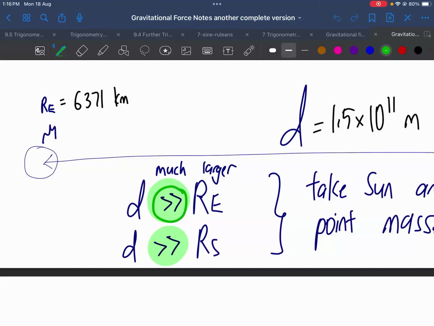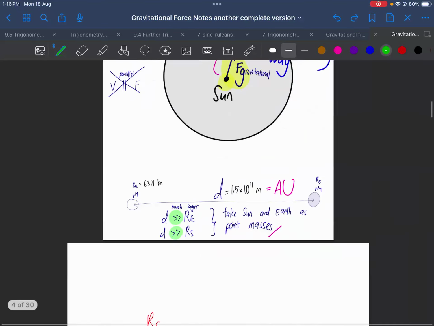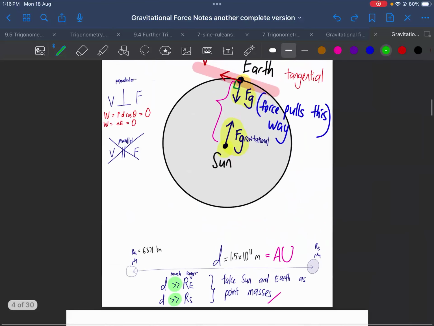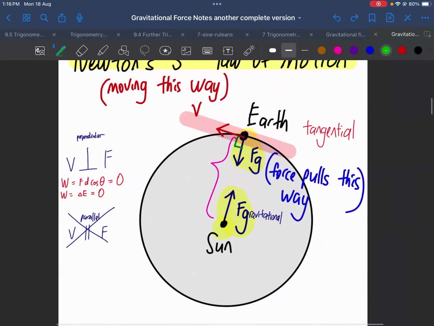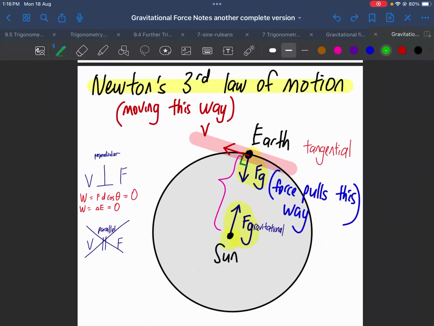Okay. And also, do I need to tell you that in circular motion, your force is perpendicular to your velocity, because your velocity is a tangential velocity, by the way, and therefore the gravitational force does not do any work onto the earth, which is why the earth is going to move around the sun at a constant speed.